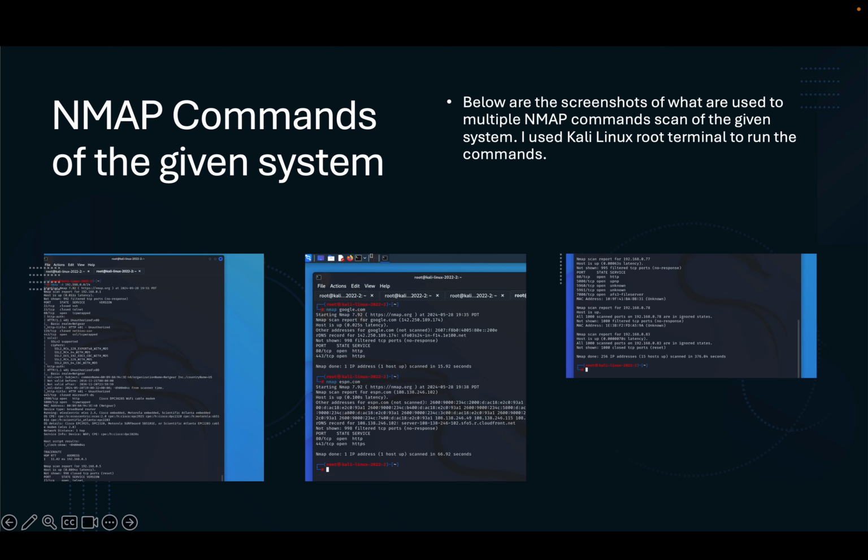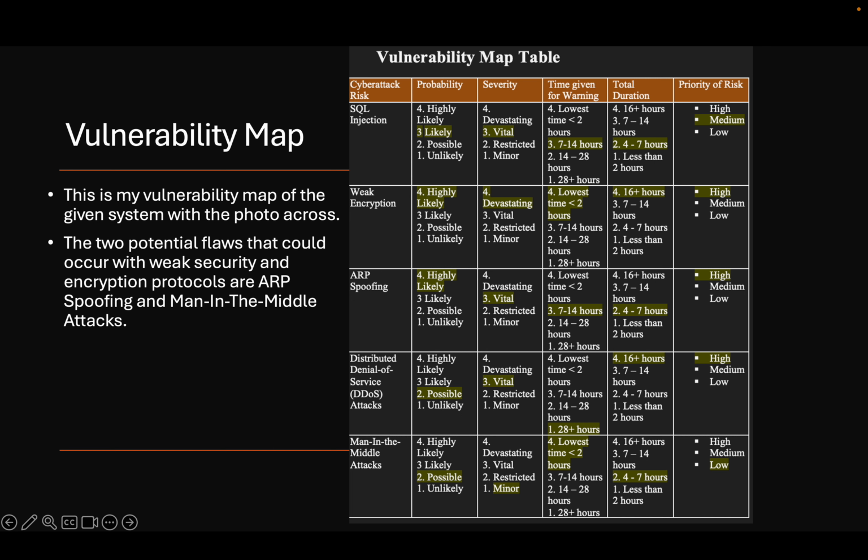The best thing to do would be a vulnerability matrix or a vulnerability map. With this, you can test out different scenarios which could occur, let's say if the network is not secure, and understand some of the different types of damages which could occur, especially to a company. On this next page, you see the vulnerability map.